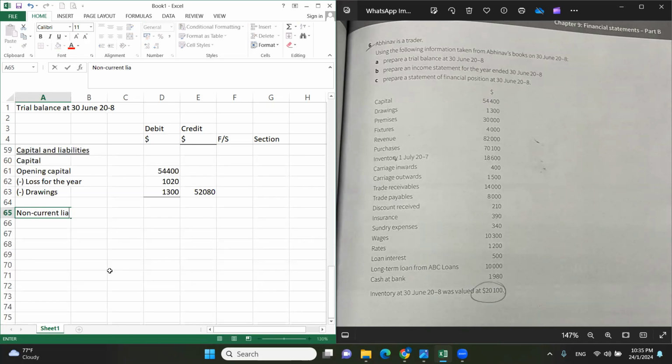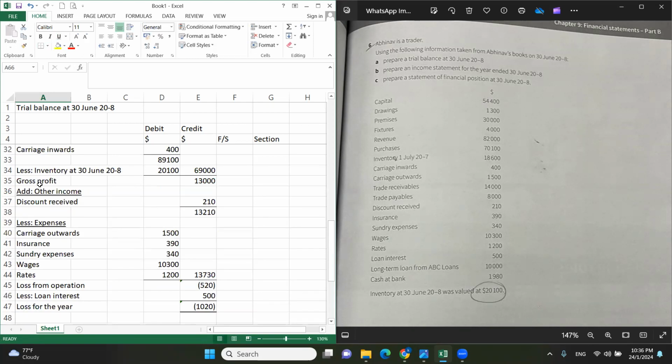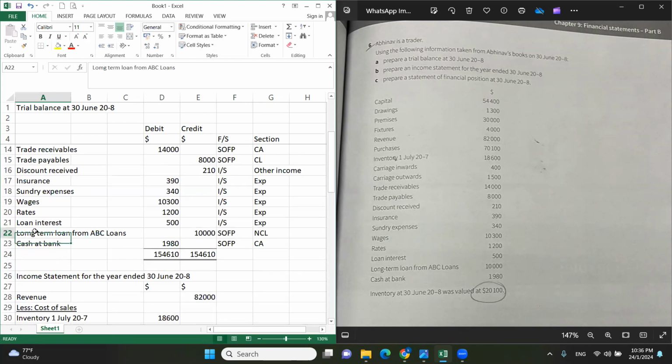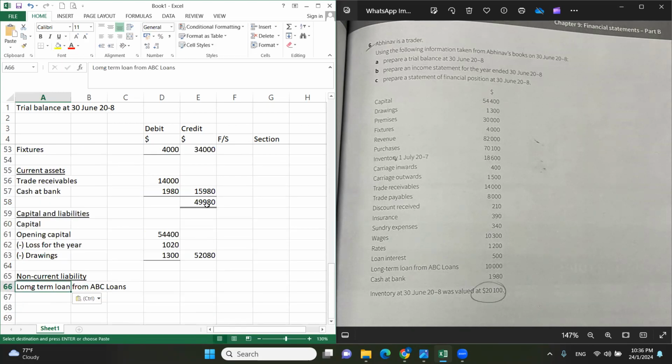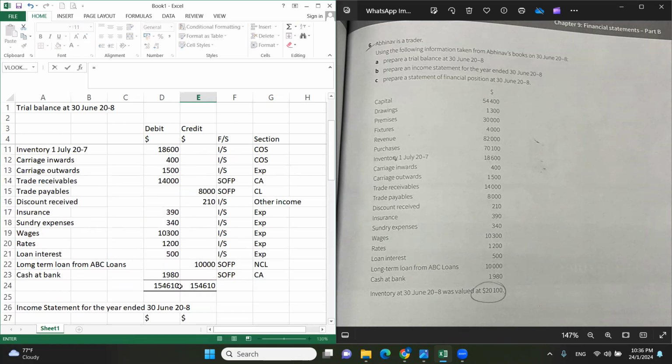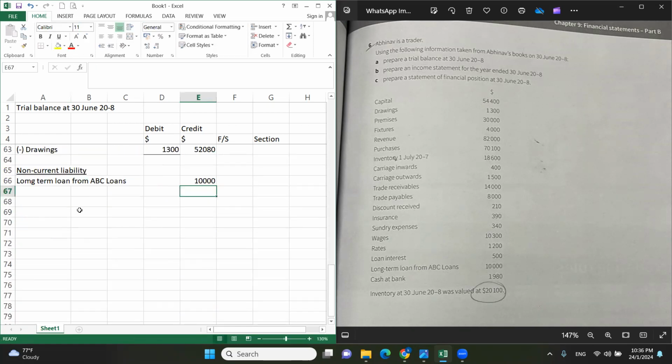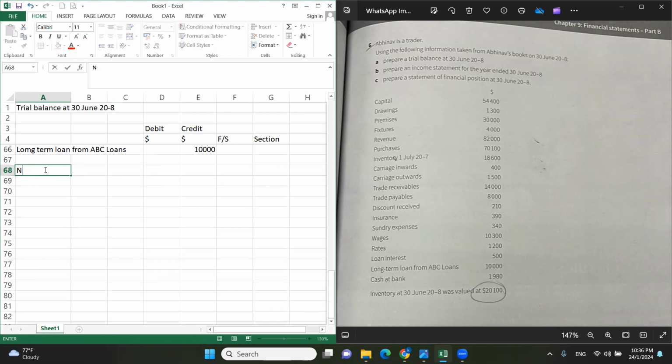So next is non-current liability. Okay. Non-current liability, we have loan from this one. This is a non-current liability. Only one item we straight away put on the second column. So 10,000. And then after non-current liability is current liability.